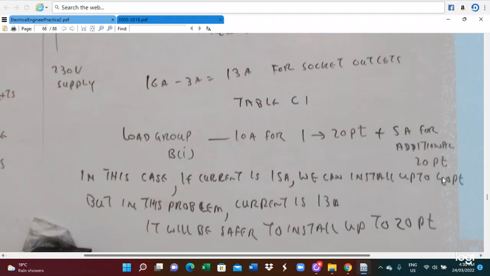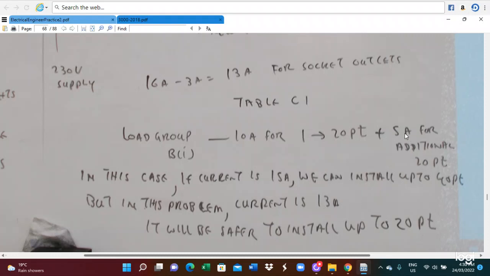So if this current is now 13 amps, it means you can use 10 amps for the first 20 points, but 13 minus 10, so only 3 amps is left.